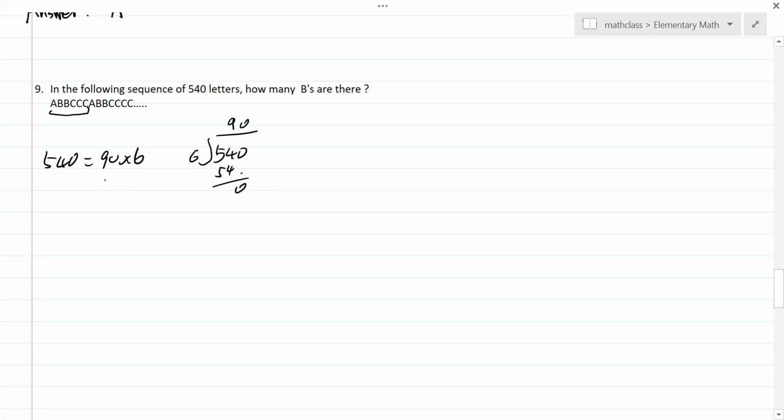There are no partial blocks, only complete blocks at the end. Each block contains 2 B's. So the answer is 2 times 90, it's 180.